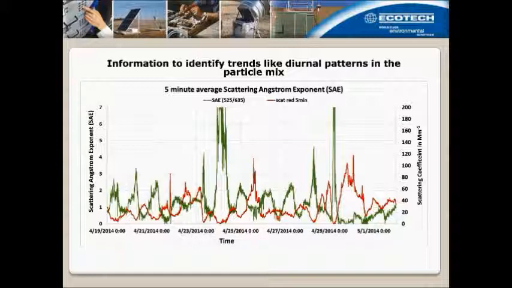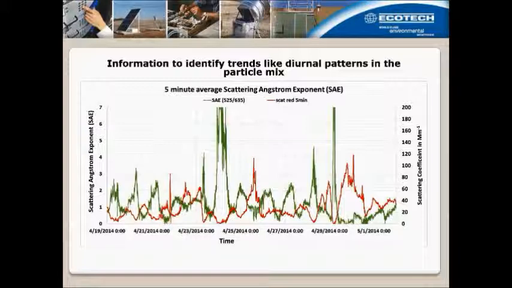So you have a very neat way to just plot that in a time series and see very nice changes during day and night. So this is at nighttime. Typically, particles get smaller then, and the angstrom exponent gets bigger.